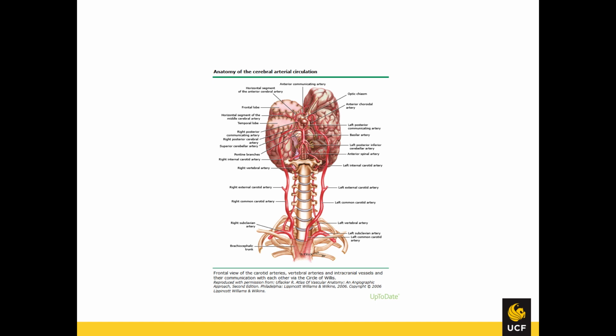Now, in all honesty, you're going to learn these. We're going to talk about them. I'm going to try to reinforce them. They are on the board exam, so they do expect you to know these things.